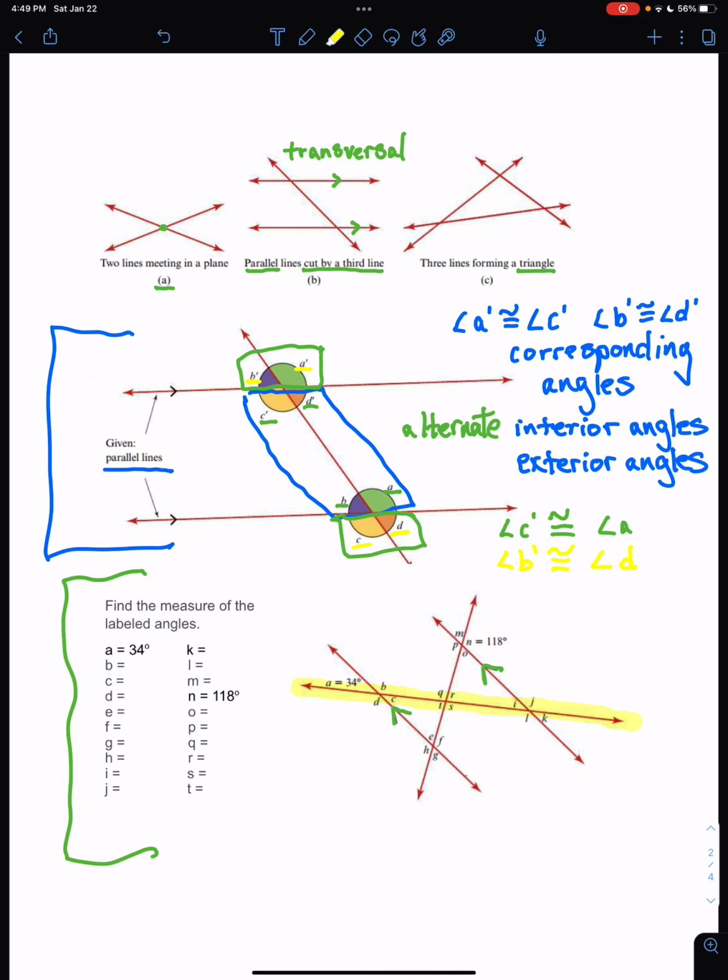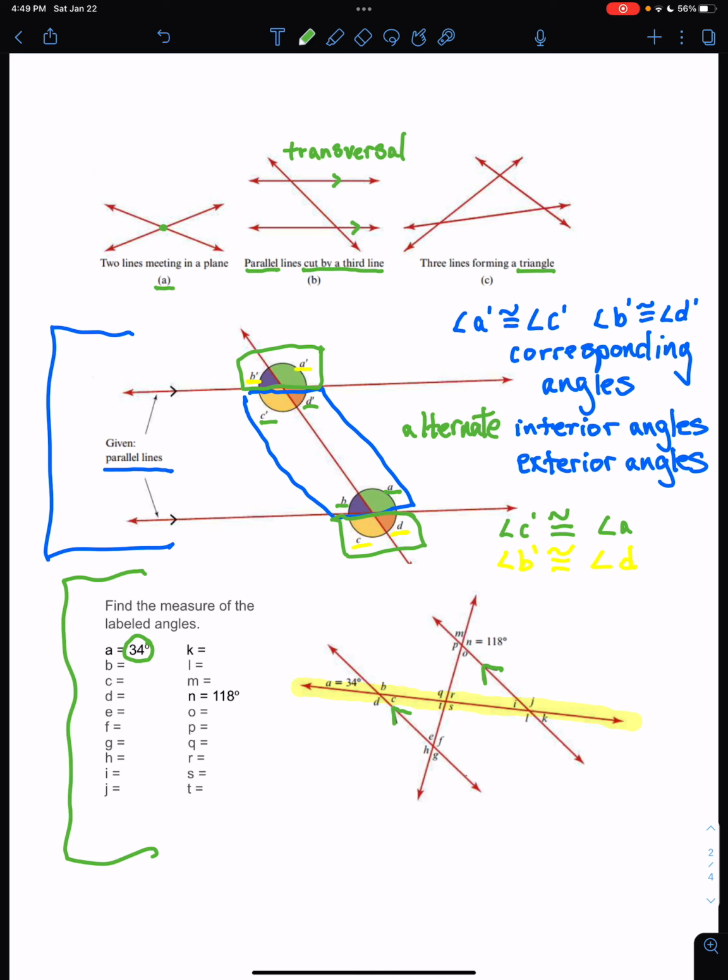And we'll take a look at all of the angles represented based on that transversal, and then we'll look at the other one. So nicely here in the problem, we have one of the angle measures. So based on that angle measure, we should be able to find all of the other angle measures.